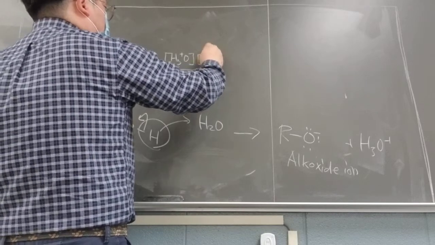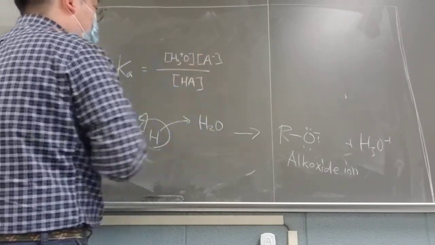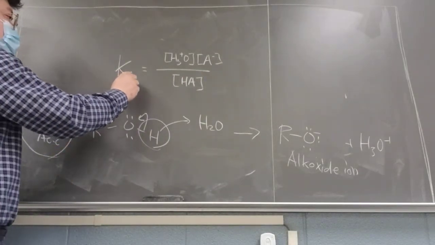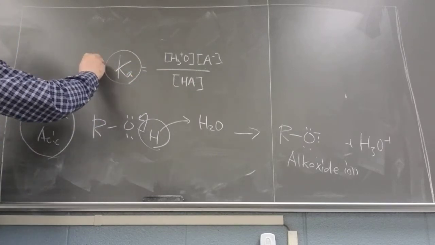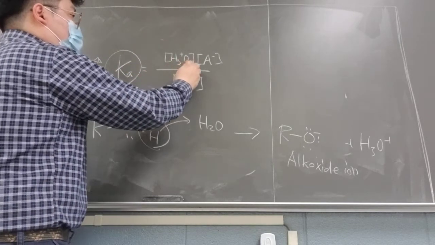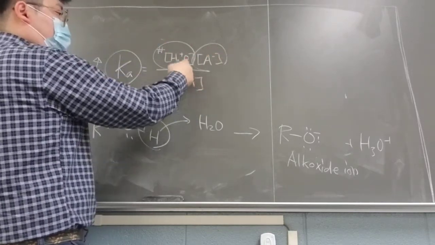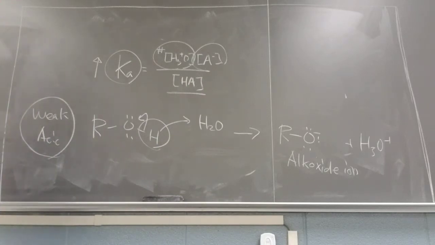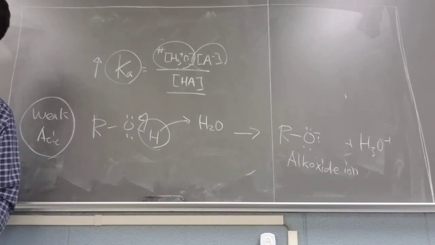So if you have a very high Ka, meaning you have lots of this one and this one dissociating from your original compound, which in this case is alcohol, meaning if you have a really high Ka, it behaves like a stronger acid there.